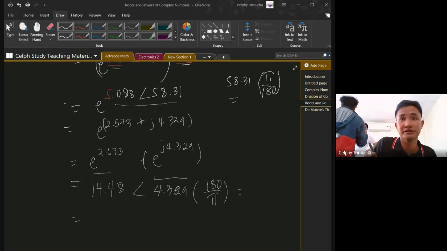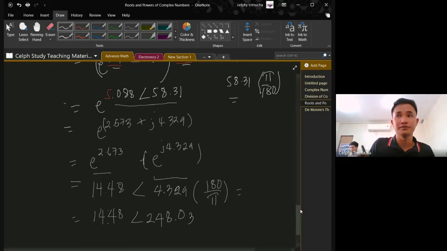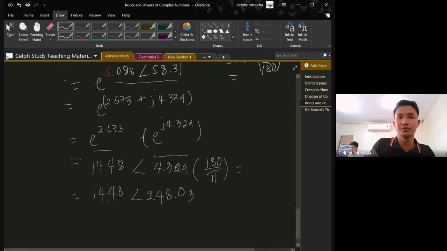So that is 248.03. 14.48 angle 248.03. So, amo na ni siya dayon ang principal value sa aton nga complex number, 14.48.